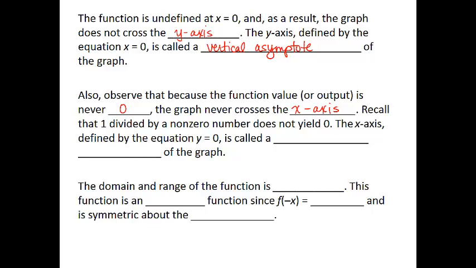The x-axis, which is defined by the equation y equals 0, is called a horizontal asymptote of the graph. The domain and range of the function is negative infinity to 0, union 0 to infinity, because the x value can't be 0, and then we just talked about that the y value is never 0.